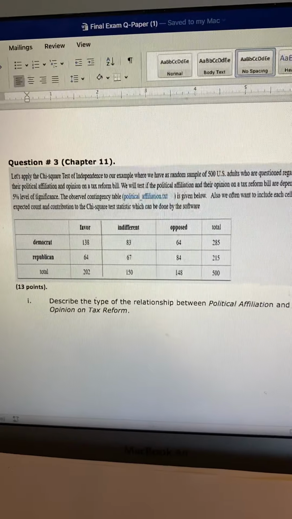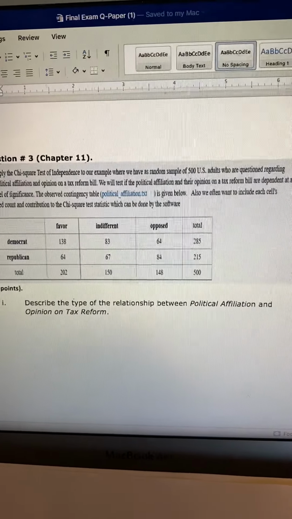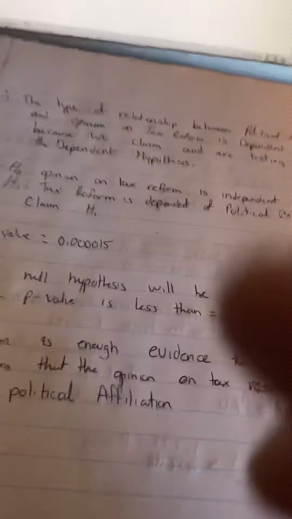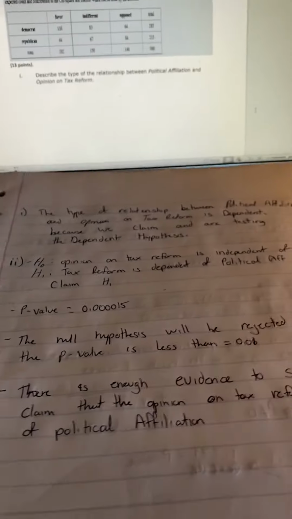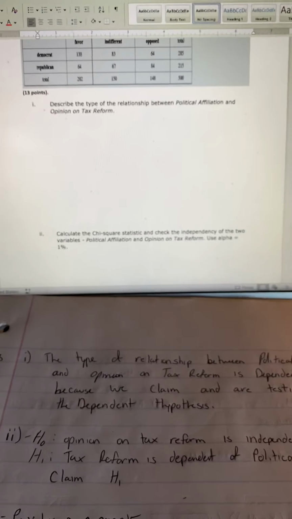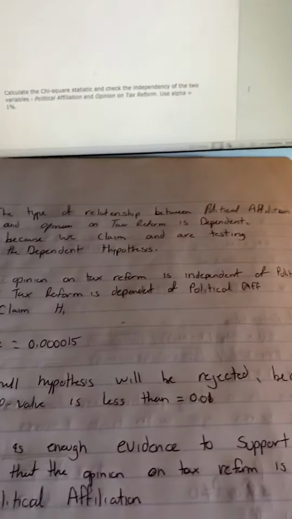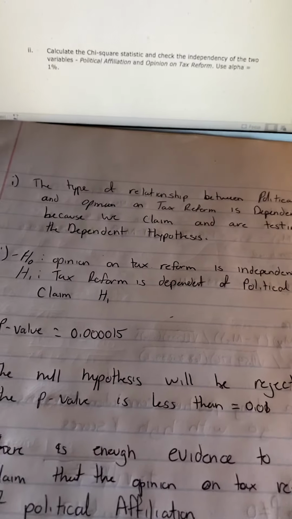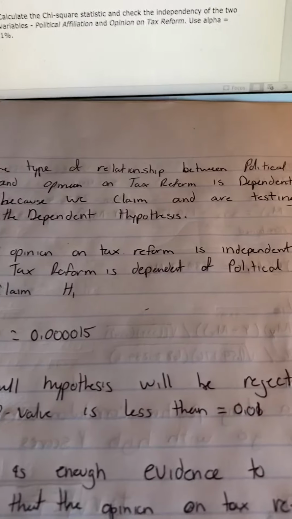We will test if the political affiliation and their opinion on the tax reform bill are dependent at a 5% level of significance. So part 1 of question number 3 asks, describe the type of relationship between political affiliation and opinion on tax reform. The type of relationship between political affiliation and opinion on tax reform is dependent.